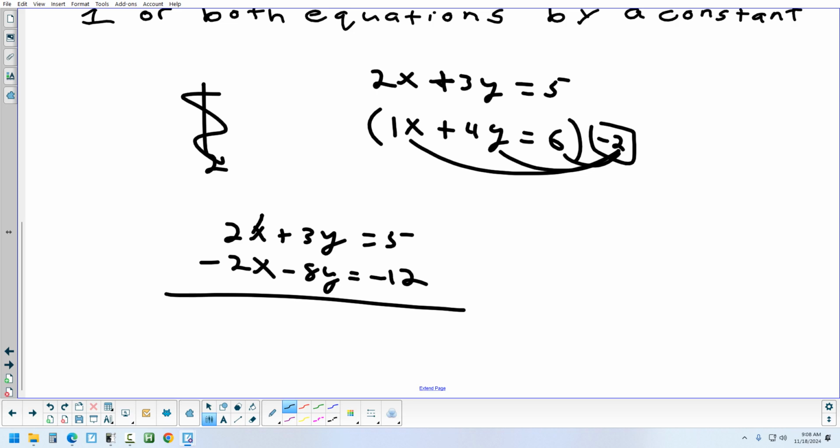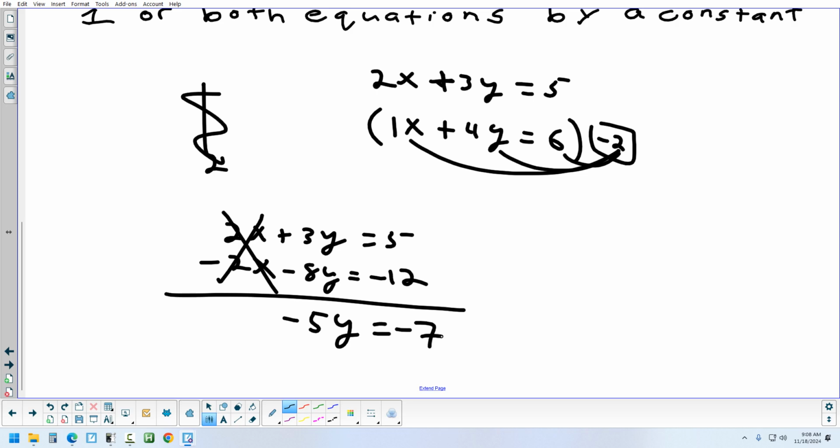Now, we add the columns up. That 2x and negative 2x is gone. What's 3y minus 8y? Yep, negative 5y. And what's 5 plus negative 12? Negative 7.